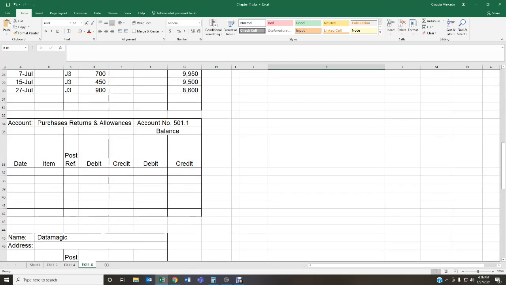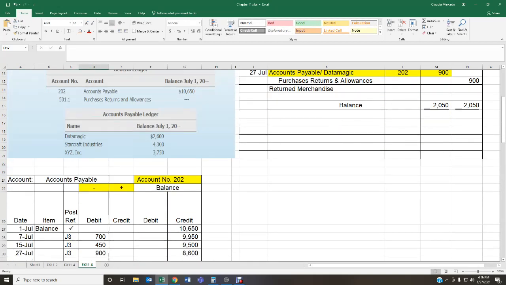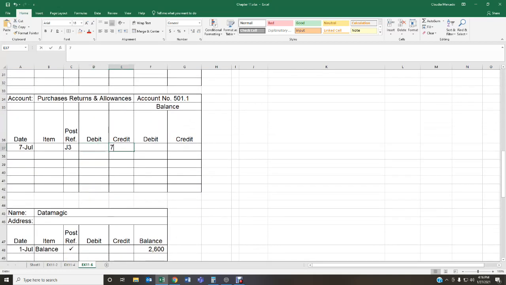So purchases, returns, and allowances did not have a beginning balance. We're going to start off with July the 7th. And we are getting this from journal page number 3, and we have a credit of $700. Remember, enter it in the correct column, your credit, and then you're going to carry your running total balance.